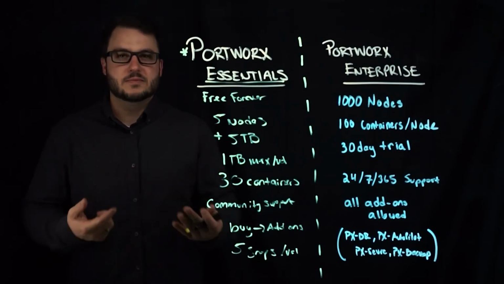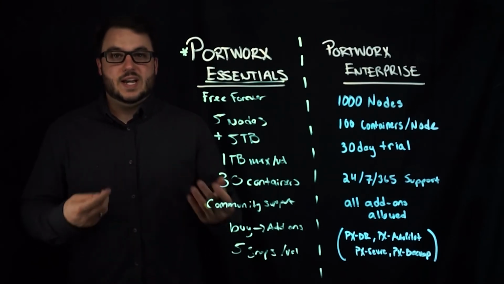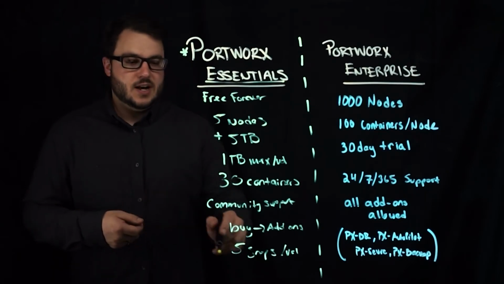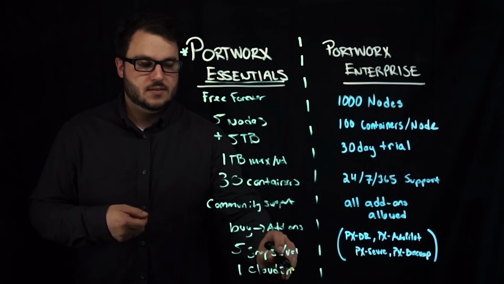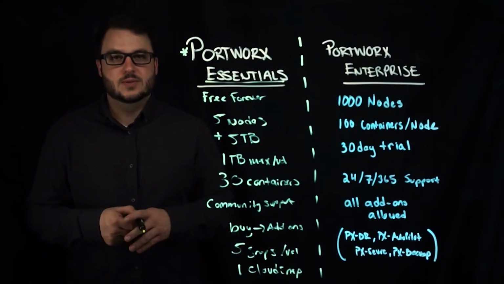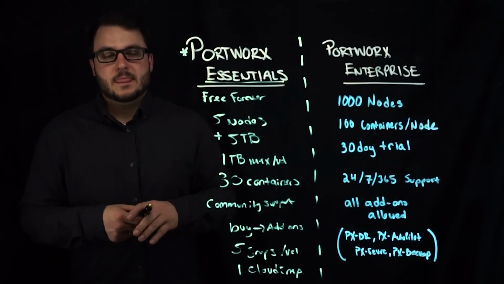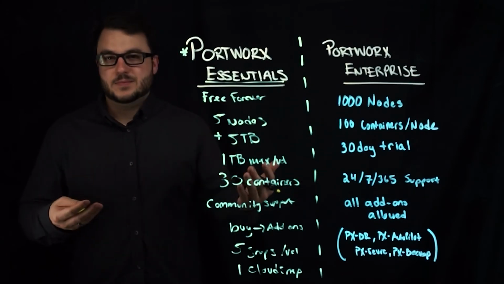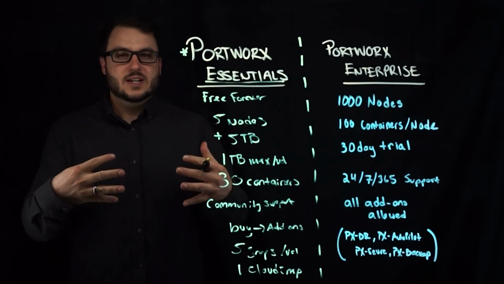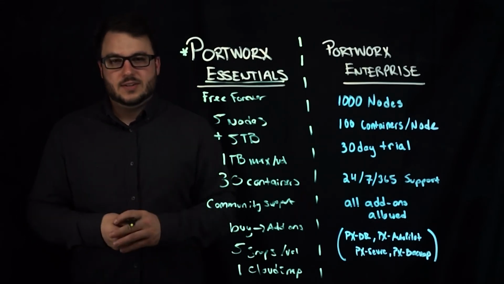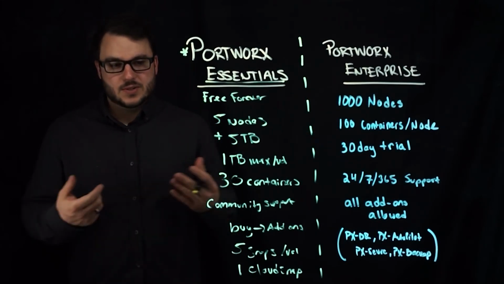Give yourself a minimum viable way to protect your application. You also get 1 cloud snap a day, which means that if you needed to place your data off-site in object storage or somewhere where a disaster couldn't take out your entire Kubernetes cluster, you can offload it once a day, which works pretty well.